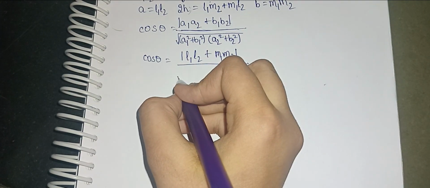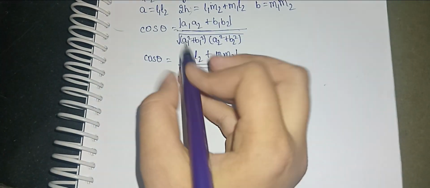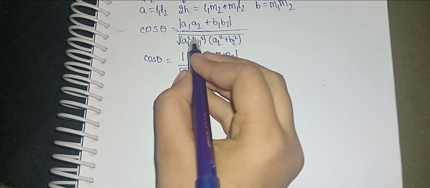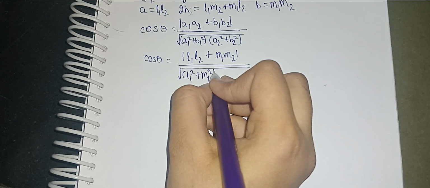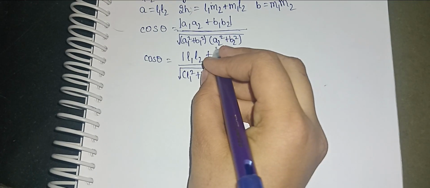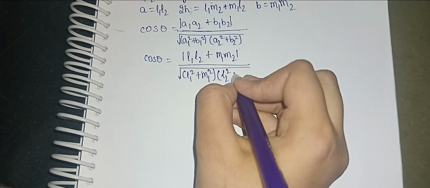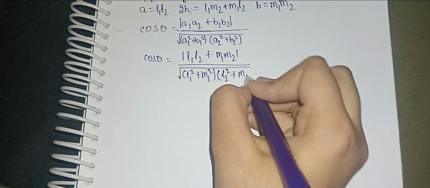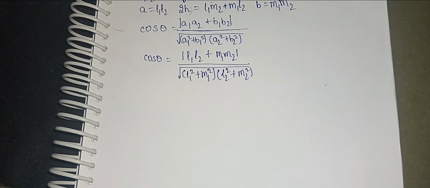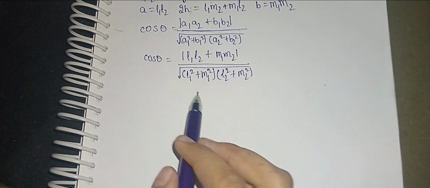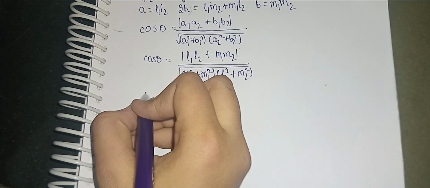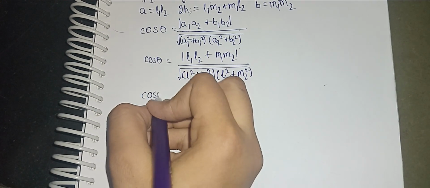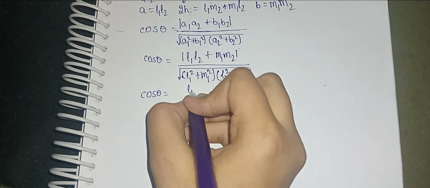Now, A1 is L1, so A1 square plus B1 square means L1 square plus M1 square, into L2 square plus M2 square. Now pause the video and multiply this. Okay, you got the answer.